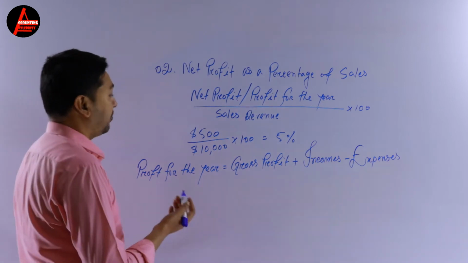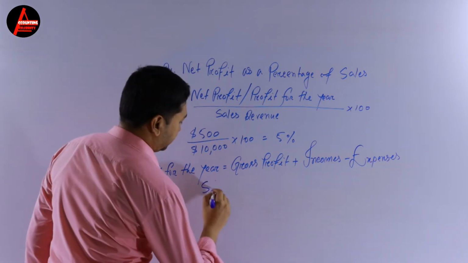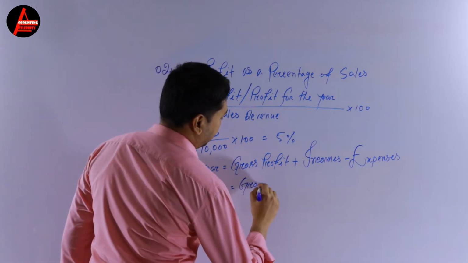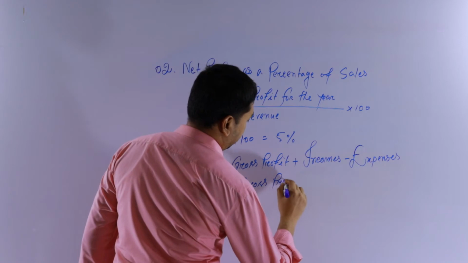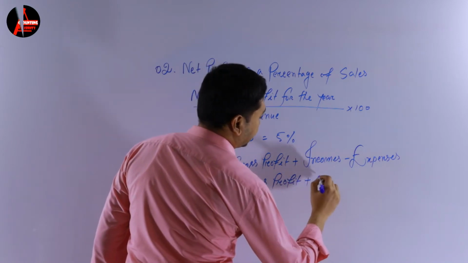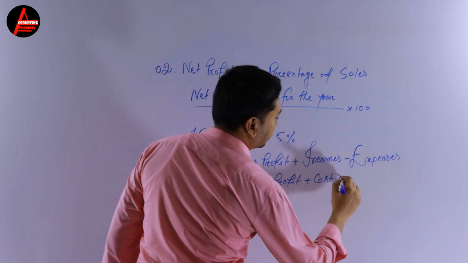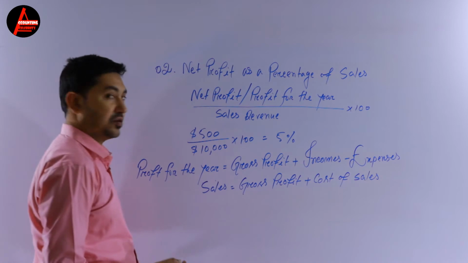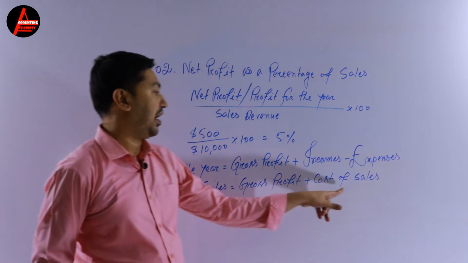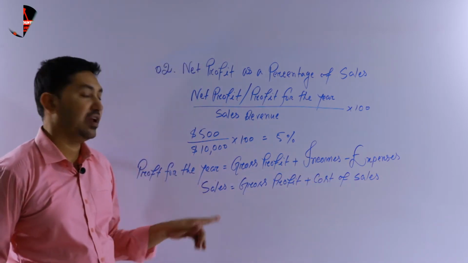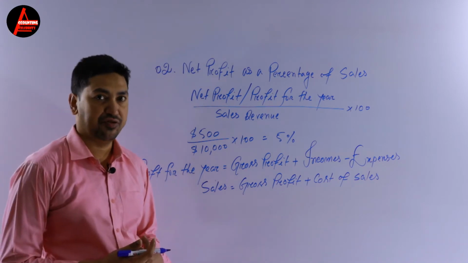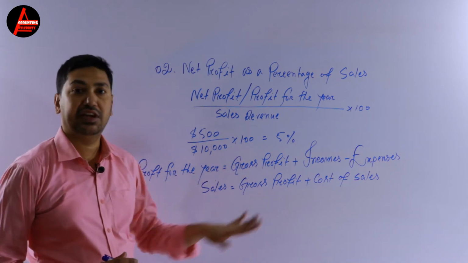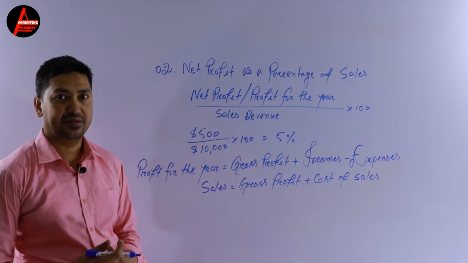You have your gross profit. Sales equals gross profit plus cost of sales. Cost of sales is also called cost of goods sold. If you add these two values, you can also calculate your sales revenue. This is very easy if you know this way to calculate.